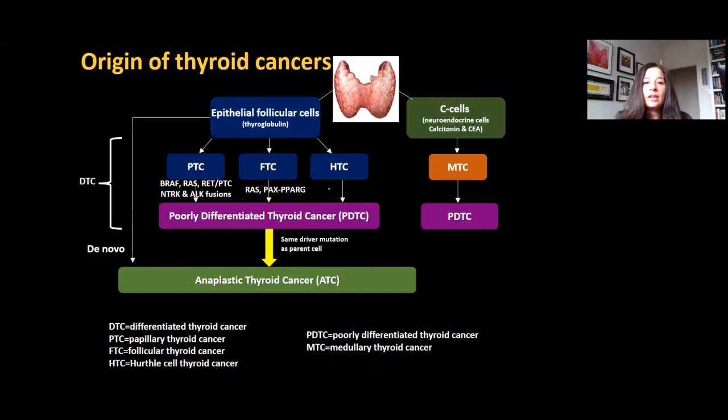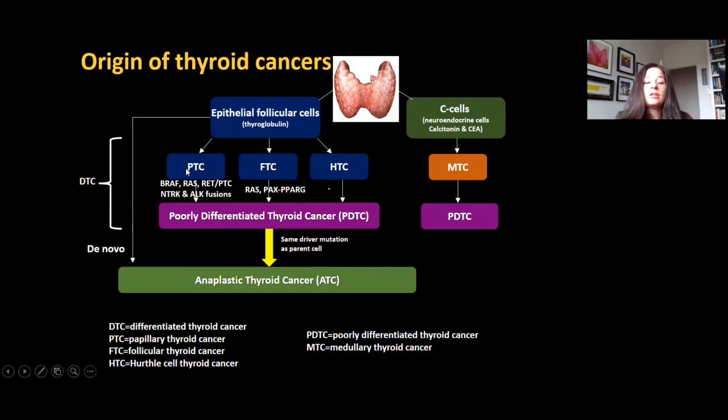In order to understand what anaplastic is, you need to understand where it comes from. Anaplastic thyroid cancer is derived from more well-differentiated thyroid cancers: the papillaries, follicular thyroid cancers, Hürthle cell thyroid cancers. These cancers usually arise because they have gained some type of mutation in a gene.